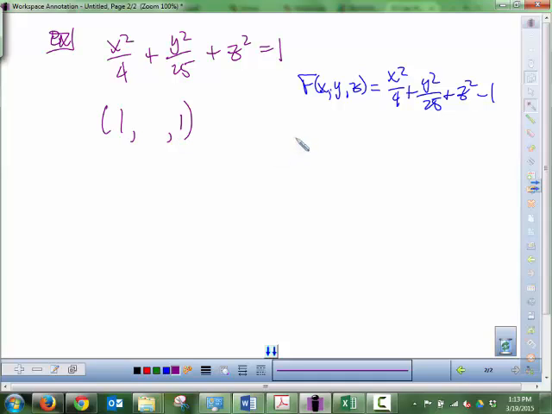All right, fine. 1/4 plus y squared over 25 plus 1 is equal to 1. So y squared is equal to negative... Wait. I can't have a 1 there. Crap.